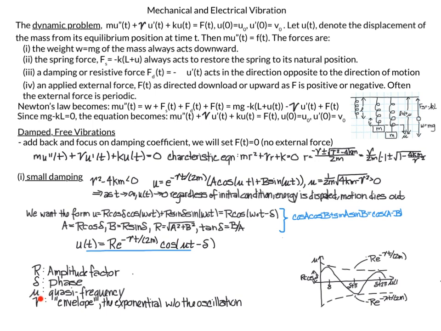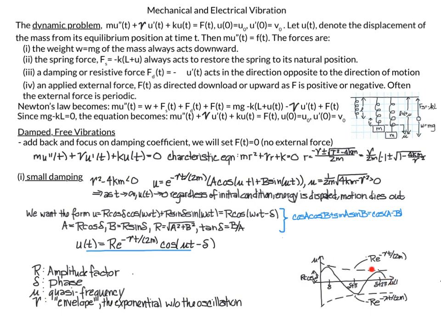Our gamma, which came from damping, gives us our envelope. If you look at where it appears in this equation, it's here in the exponential decay part. So if we just look at r e to the minus gamma t over 2m, we get this envelope of decay, and from the negative part, we get this envelope that comes up. So what this envelope does is contain our oscillations.